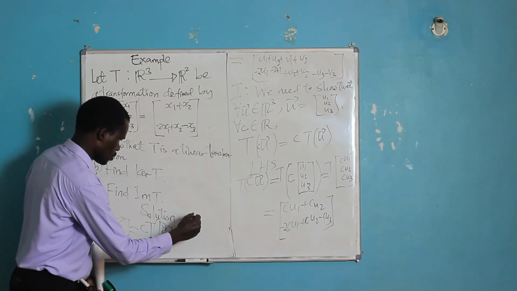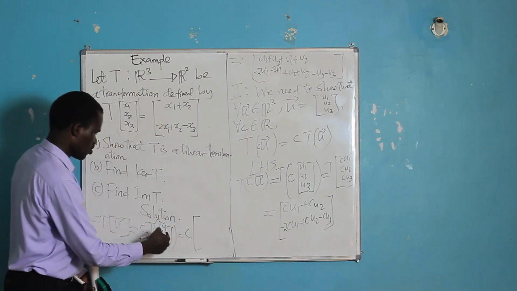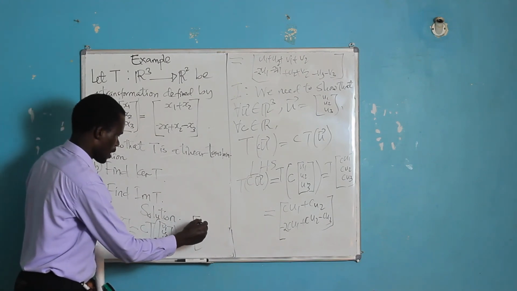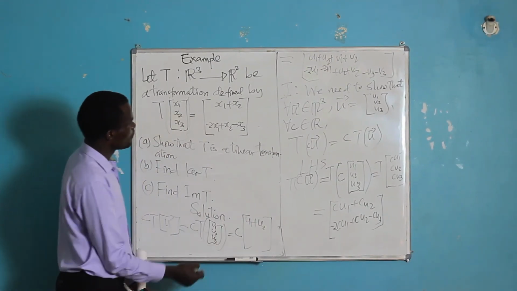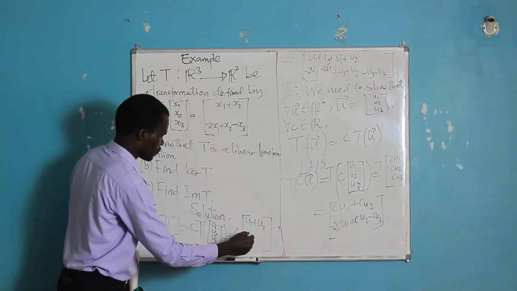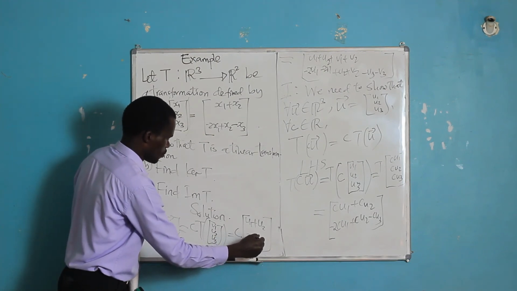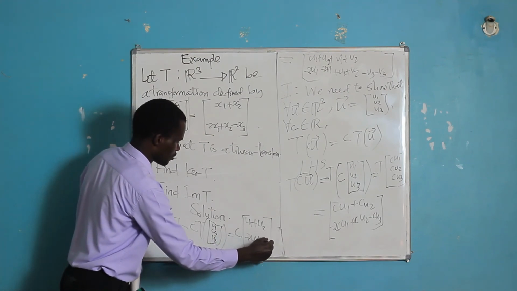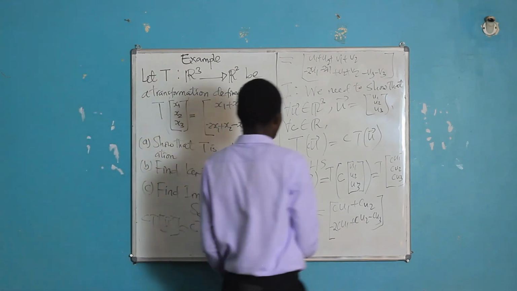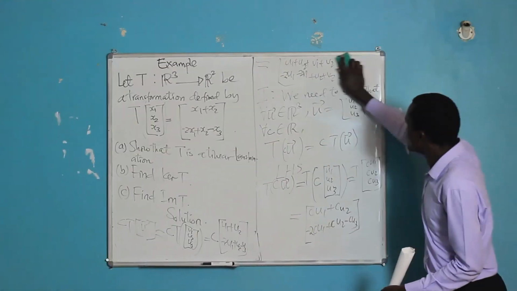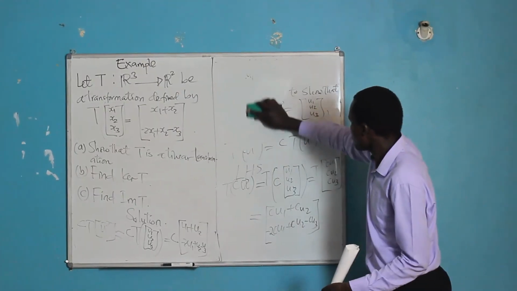Now, by definition of this one, we get U1 plus U2, and then negative U1 plus U2 minus U3.